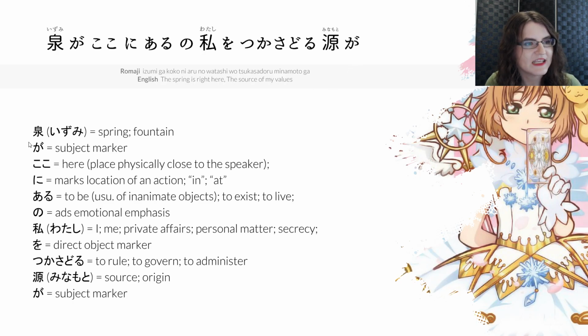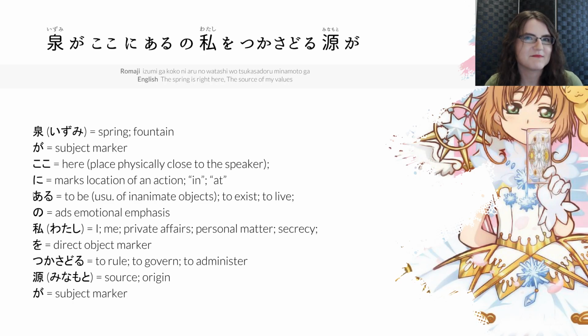So izumi is a spring or a fountain. Ga makes that the subject marker. And then koko is here. It's close to the speaker. And then ni is showing the location. So, in here or at here. And then aru is to exist for inanimate objects. Again, aru is for things like chairs or fountains. And then iru is to exist for things like people and animals.